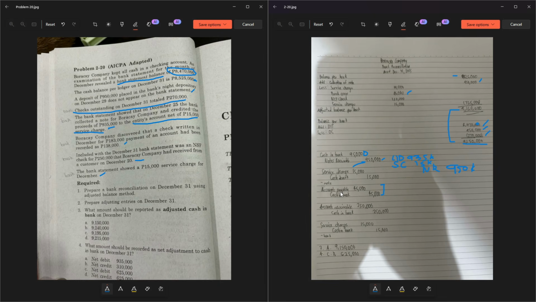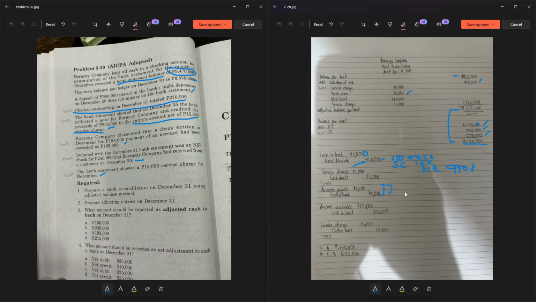And then accounts receivable of 250,000. Wait, hindi ako mapakali dito. So, itong 45,000 debit, cash in bank credit, kasi nabayaran na yung 45,000. So, nung pag-release ng bank statement, doon mo palang nakita na, you just discovered that the check written in December for 183 was recorded as 138.